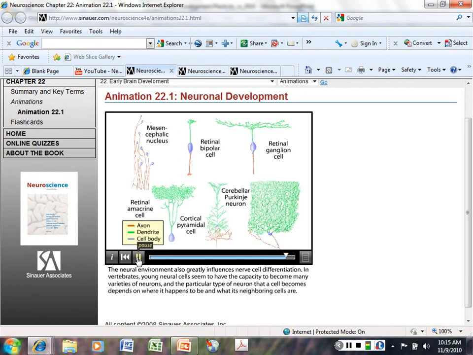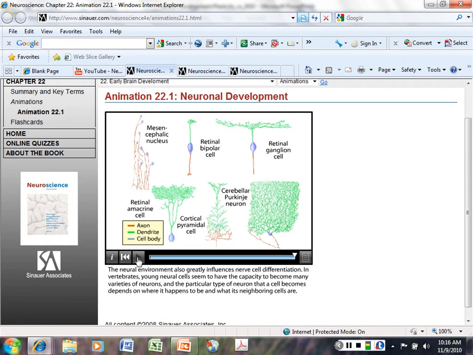The neural environment also greatly influences nerve cell differentiation. In vertebrates, young neural cells seem to have the capacity to become many varieties of neurons, and the particular type of neuron that a cell becomes depends on where it happens to be and what its neighboring cells are.